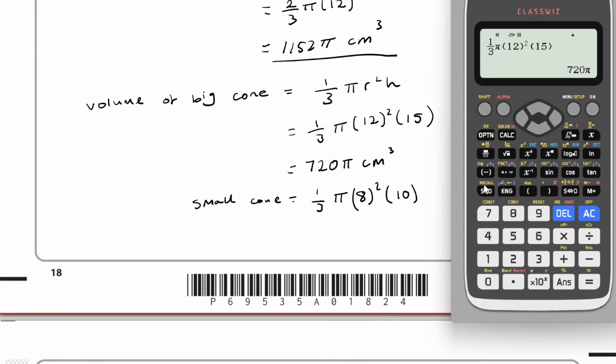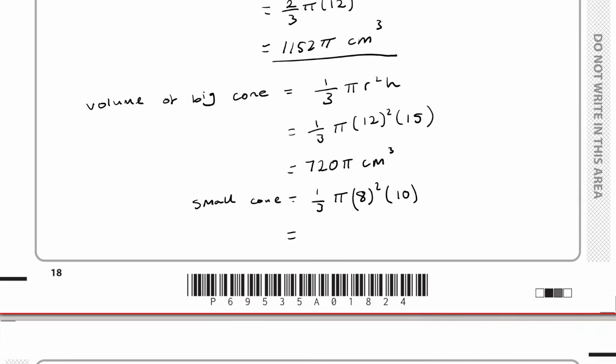So let's store 720 pi as B. And then we've got 1/3 times pi times 8 squared times 10. So 640/3 pi. And again, centimeters cubed.